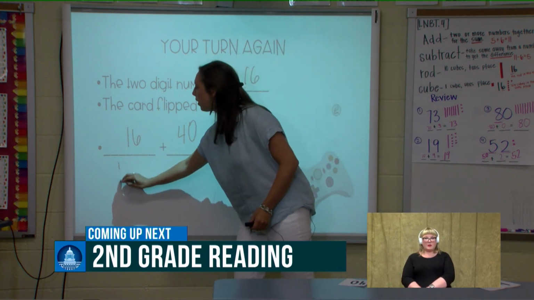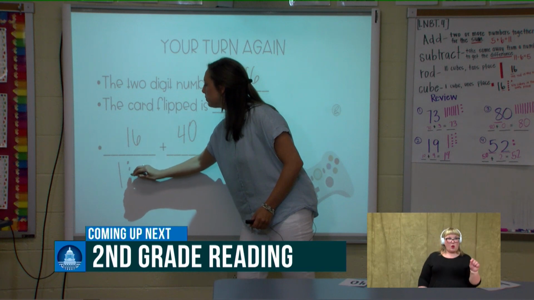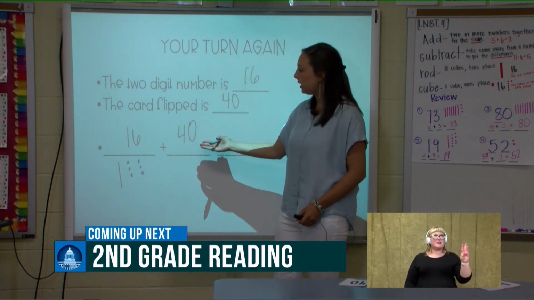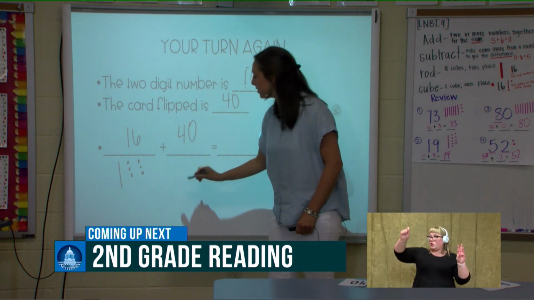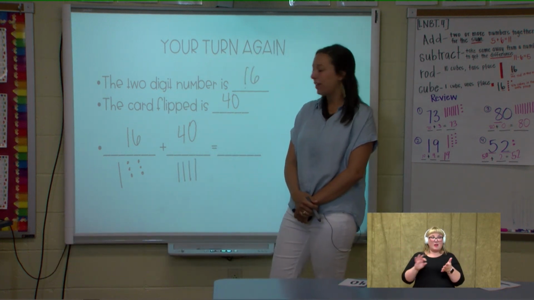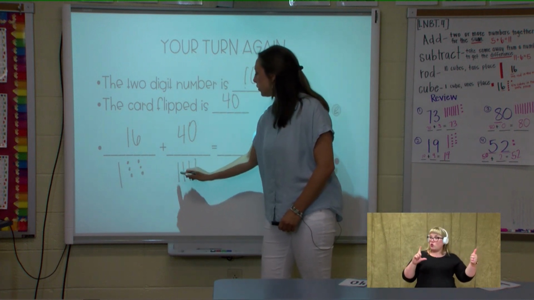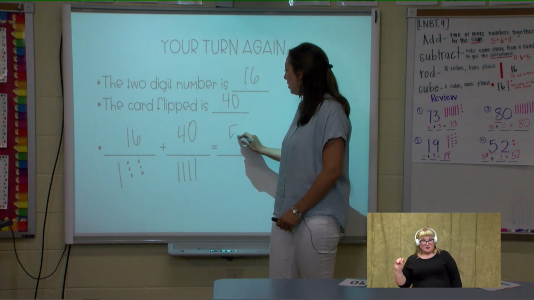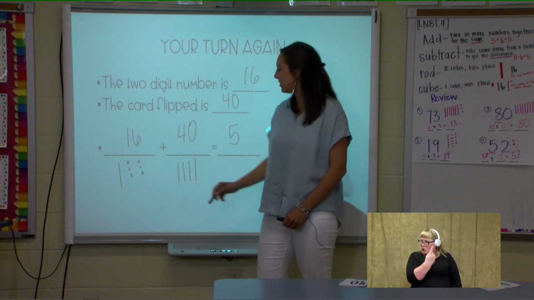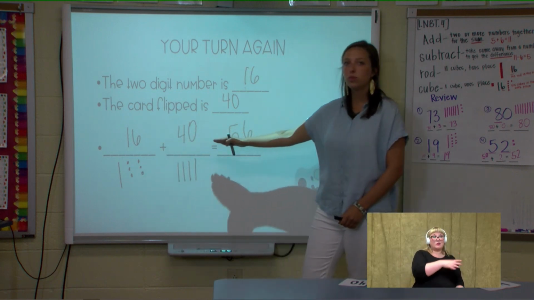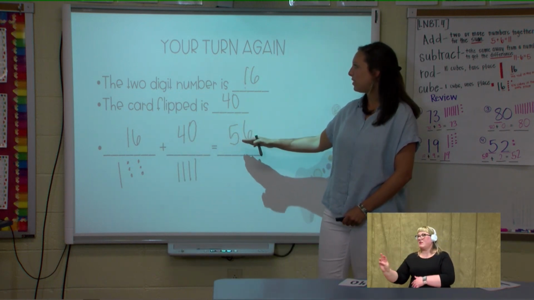We have our 1 rod and our 6 cubes. For 40, we'll have 4 rods. Count your tens up together. 10, 20, 30, 40, 50. Don't forget about your ones. 6. 16 plus 40 gives you the sum 56.